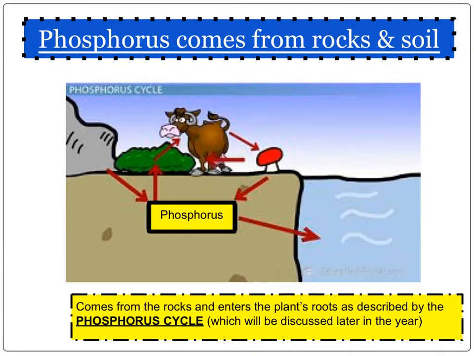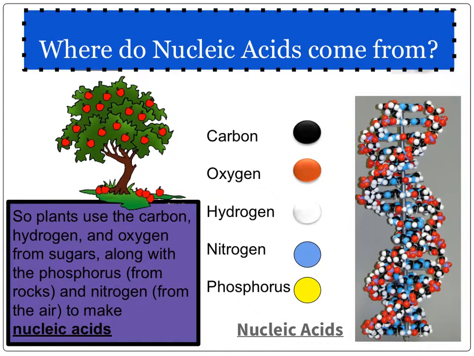And if you're going to continue with the phosphorus cycle, the animals can then get phosphorus from the plants, but we're not going to, like I said, get into that. But that is where we are getting our nitrogen and our phosphorus from, to actually construct these nucleic acids.